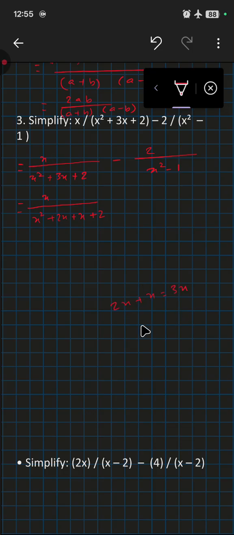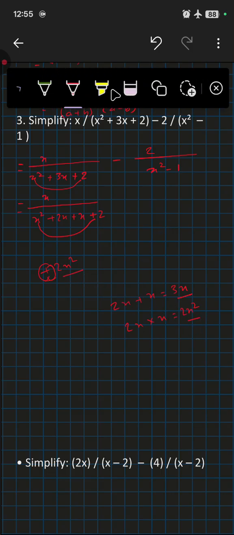By adding, it's coming 3x, and by multiplying, it is coming 2x square. That is to be done when we do first into last. So this is how it is done.